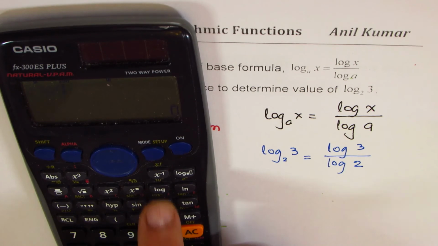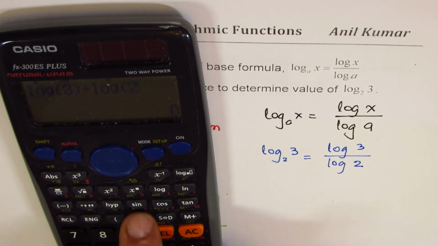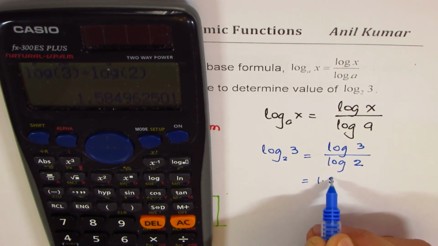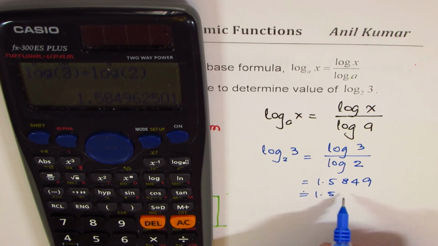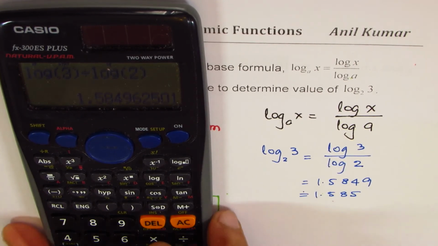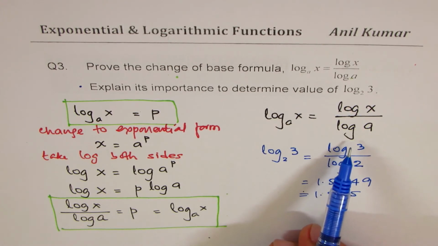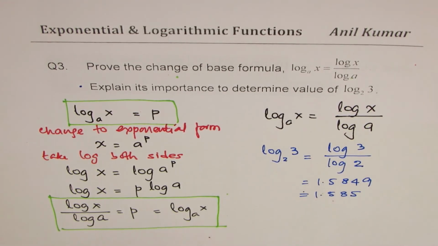So we have log of 3 and then we divide this by log of 2 to get the answer, which in this case is 1.5849, correct? Which you could round to 1.585. So without changing the base, it becomes very difficult to find the value of logarithms. That's the whole idea. So I hope that helps.